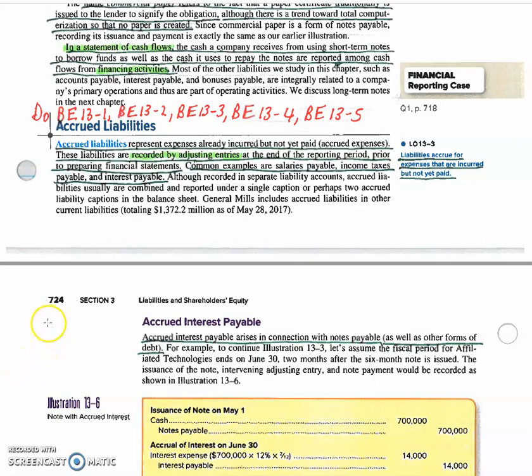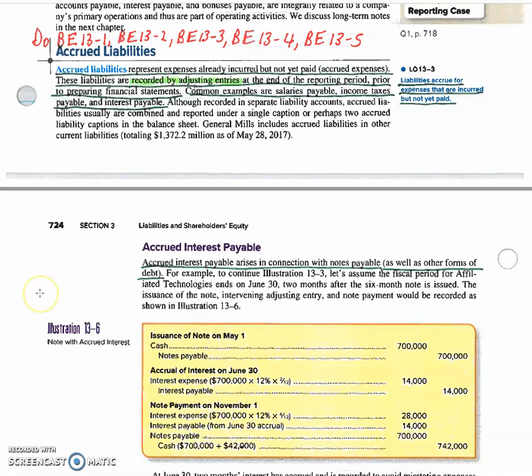So how do we record those? As I said, we debit an expense account. Right here you see interest expense, interest being accrued. We debit interest expense, credit interest payable. If it were salaries, it would be debit salaries expense, credit salaries payable.